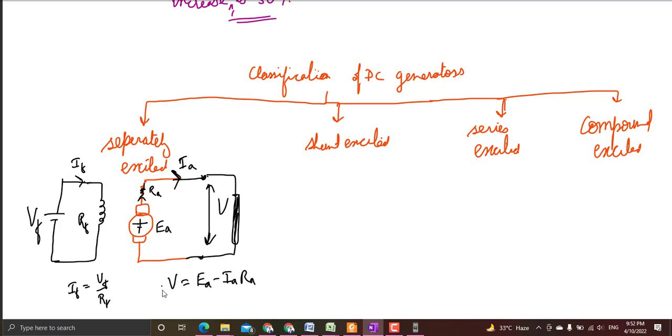So this is the generator equation. V is equal to EA minus IA RA.